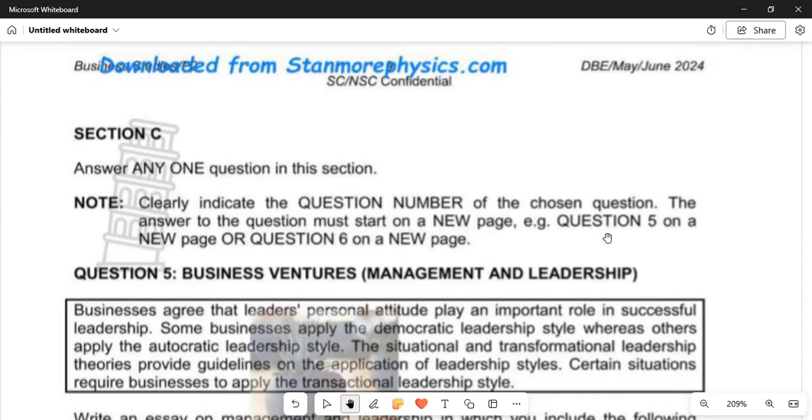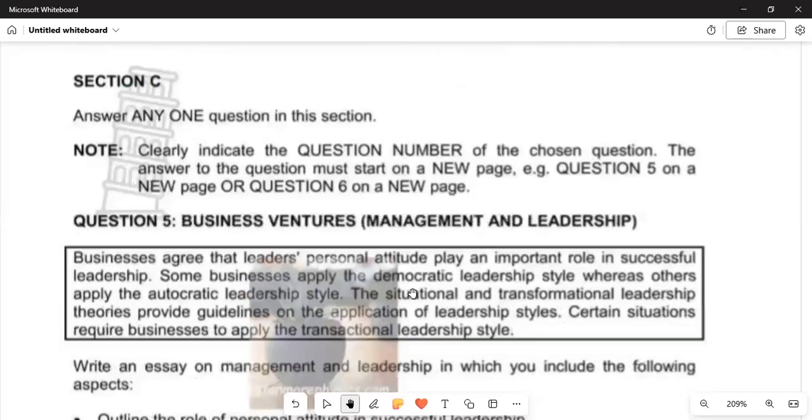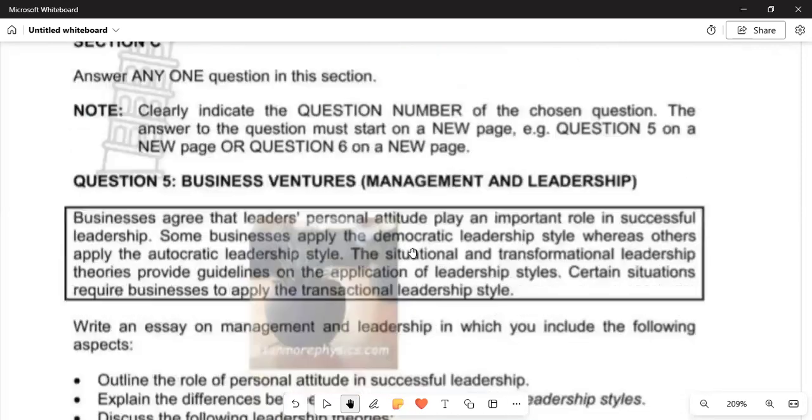For example, question 5 must be on a new page, or question 6 must also be on a new page. In this case, question 5, we are going to be looking at business ventures, management, and leadership.